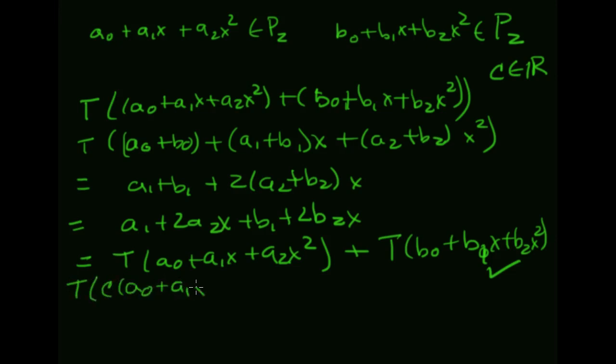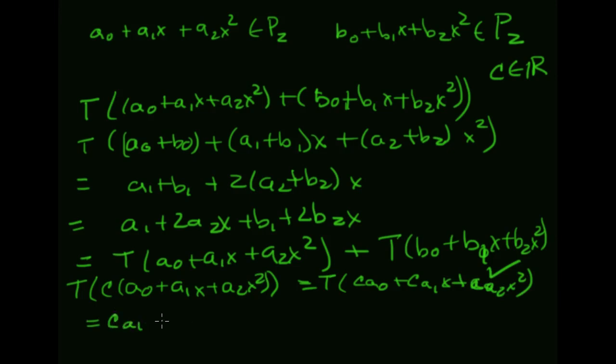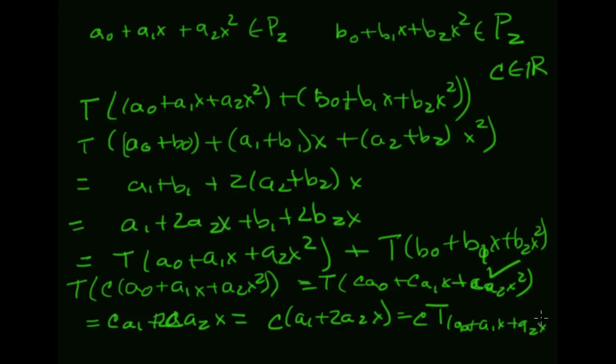So go back to it. This is going to give me Ca0 plus Ca1x plus Ca2x squared, which becomes Ca1 plus 2Ca2x, which is C times (a1 plus 2a2x), which is C times the transformation of a0 plus a1x plus a2x squared.